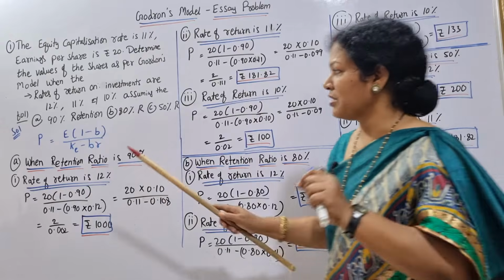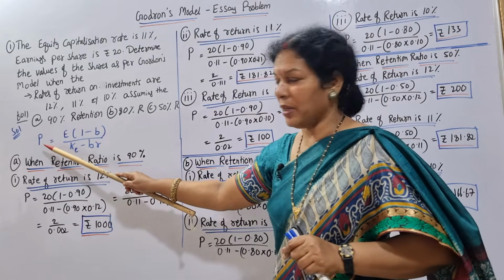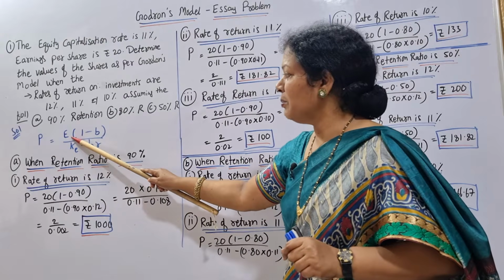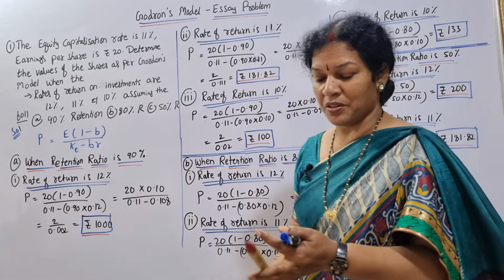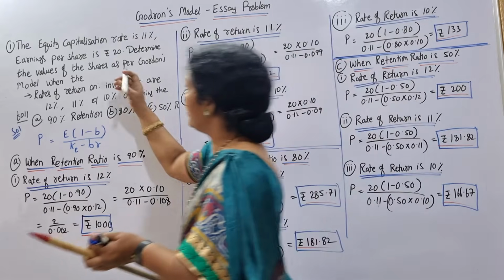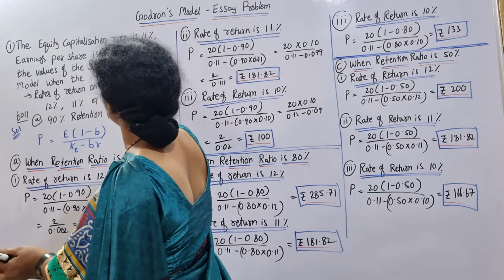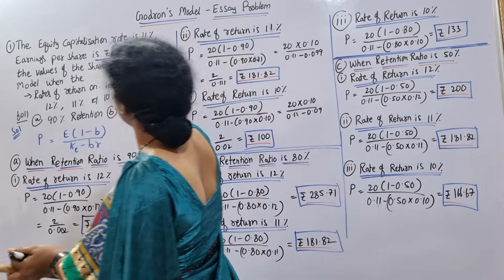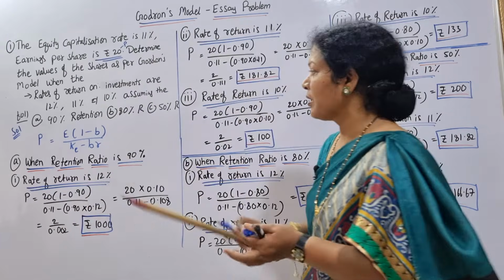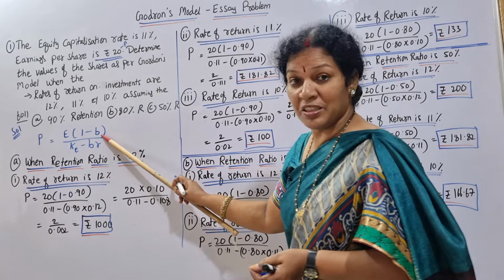Now let's see. As per this formula, P is equal to E. E means here earnings per share. This is permanent. Earnings per share is 20 rupees. This will not change. 1 minus B. B means retention ratio.